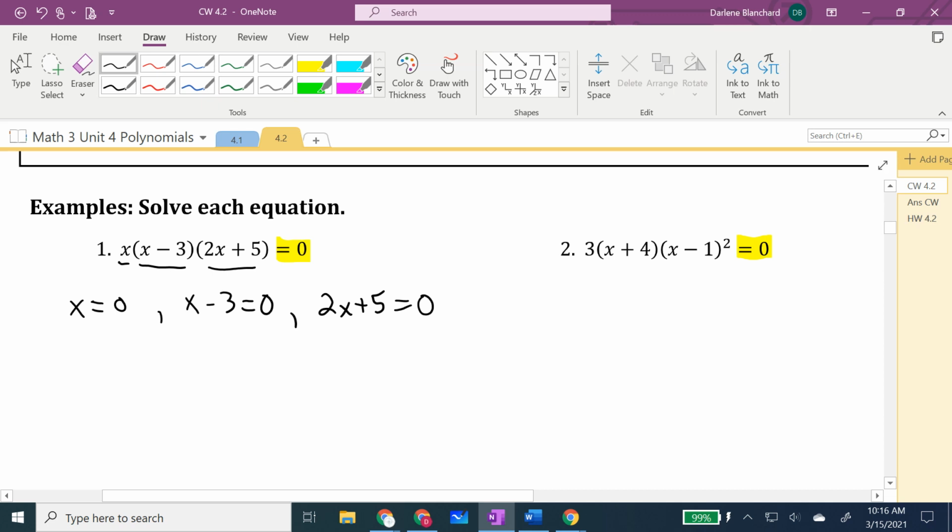So this means that I get the answers of x is equal to 0. When I add 3 to both sides, I get a solution there. Over here, I have to first subtract 5 and then divide by 2.